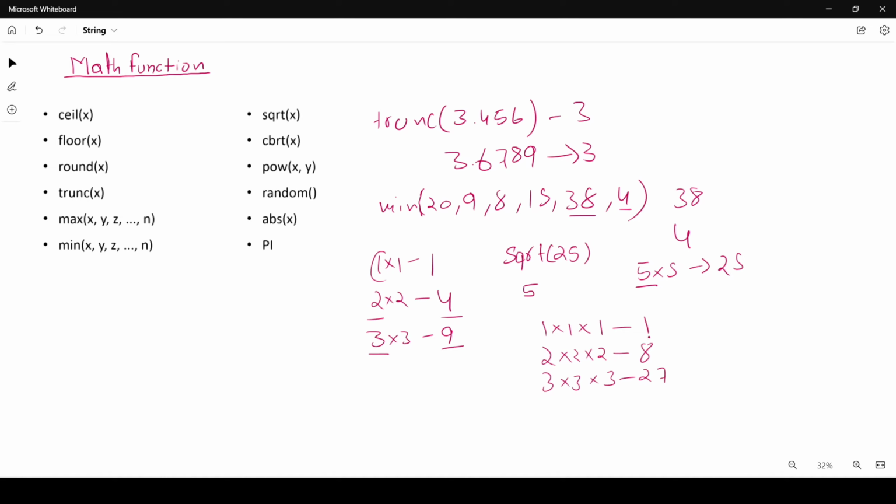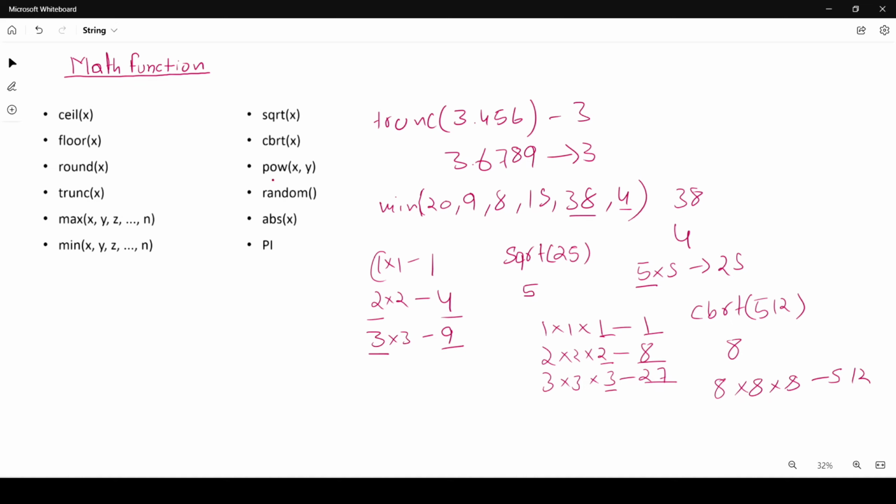Now the cube root of 1 is 1, the cube root of 8 is 2, and the cube root of 27 is 3. Okay, if we provide cbrt, and here we provide 512, then it will give us 8, because 8 into 8 into 8 gives us 512. Okay, you can check.